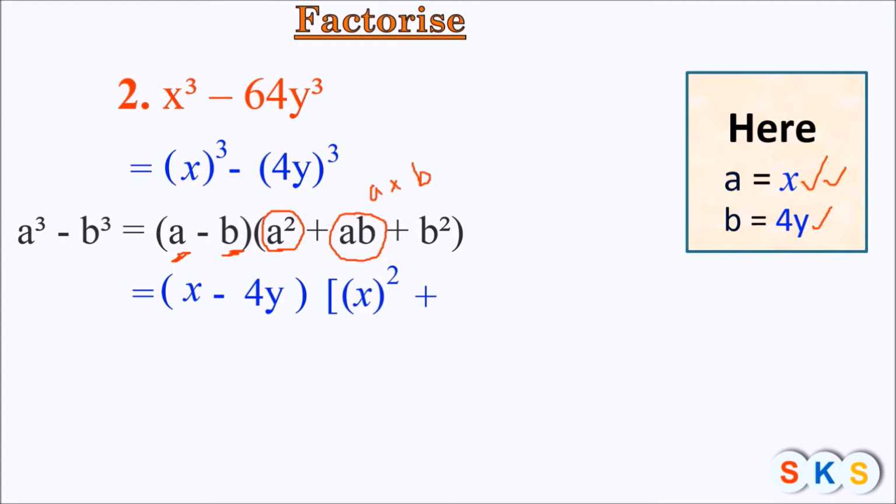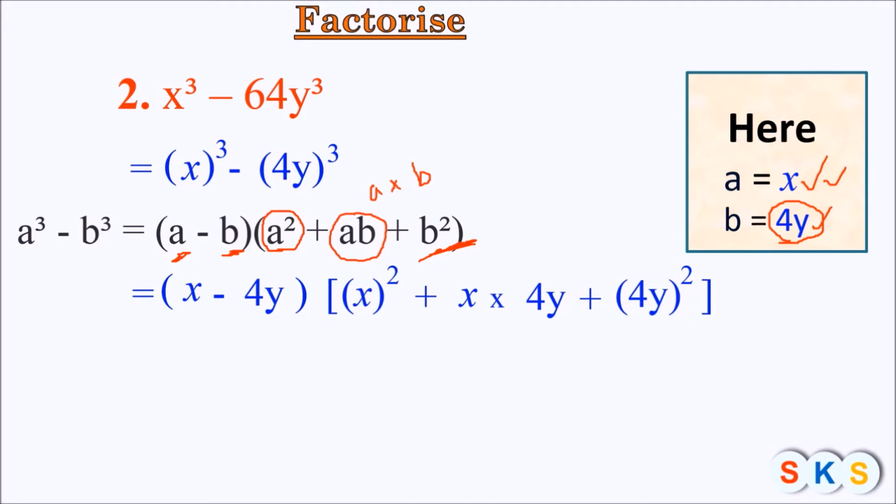So at the place of a we will write x, and at the place of b we will write 4y. So we will get here x into 4y plus, what is the last term of the second bracket? Here we have b square. And what is the value of b? You can look at over here in the rectangular box. It's 4y. So we will replace b by 4y. So we will get here 4y the whole square.